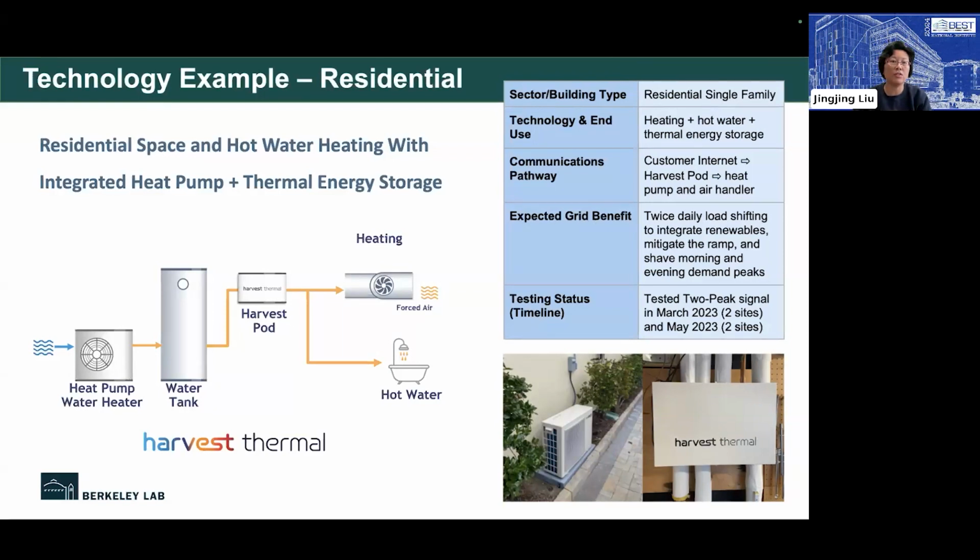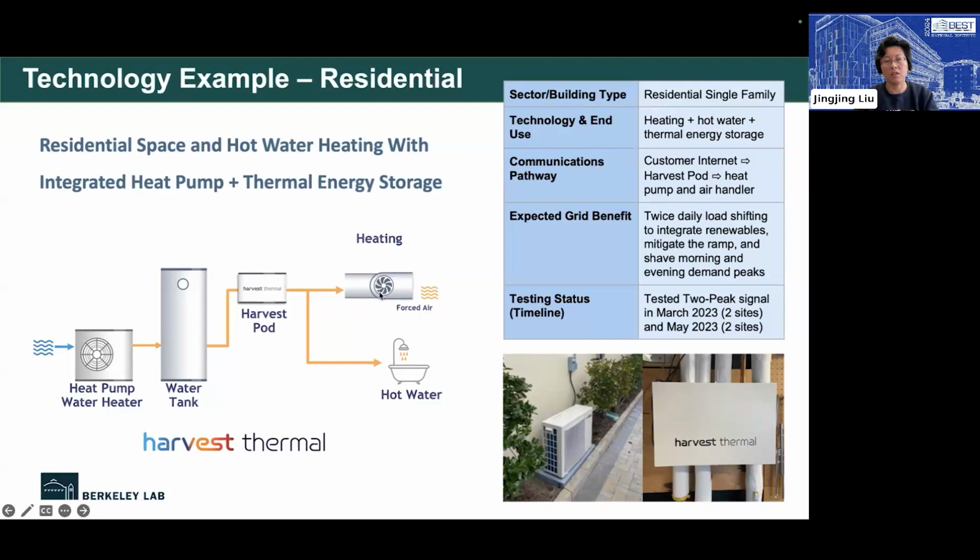So this technology involves a Sanden CO2 heat pump outdoor unit that generates hot water at a high temperature, around 150 degrees, that gets stored in the highly insulated water tank. And then this hot water is used in the home both for things like showers and also for heating the home.